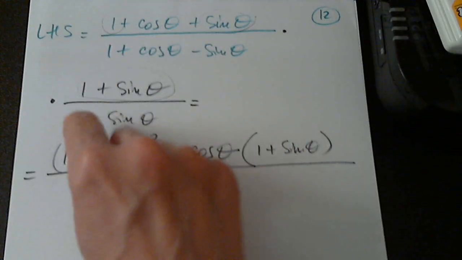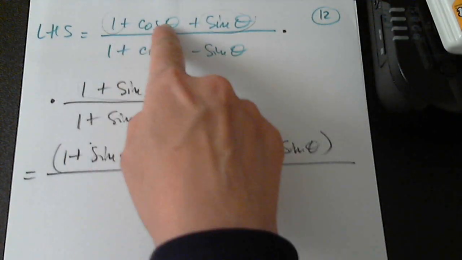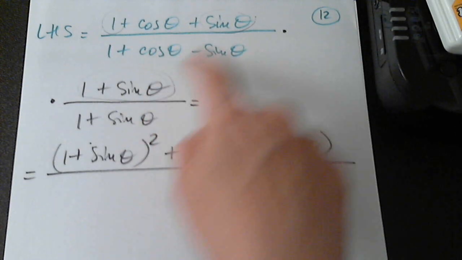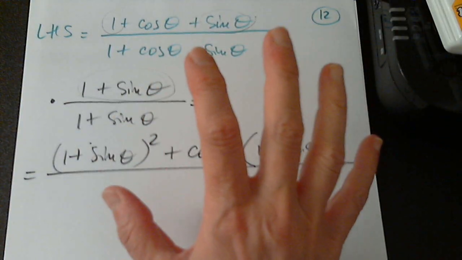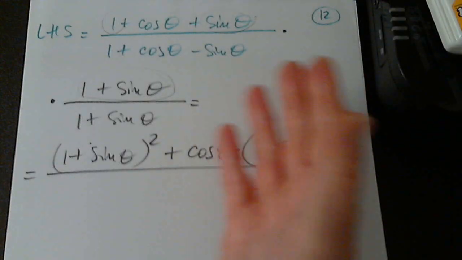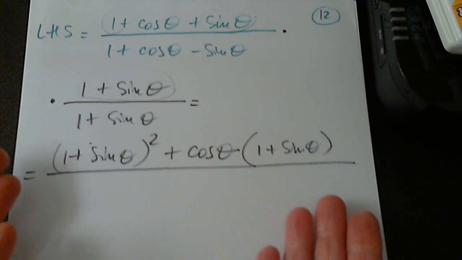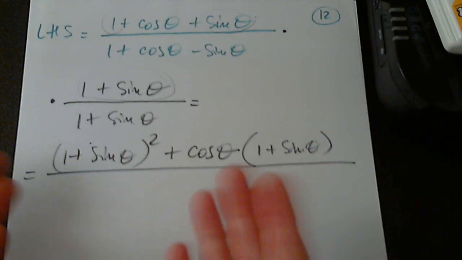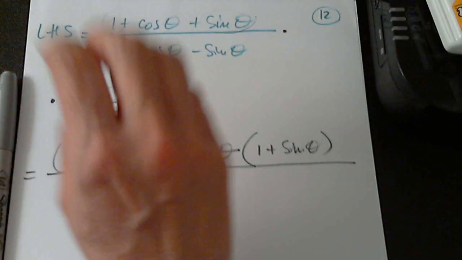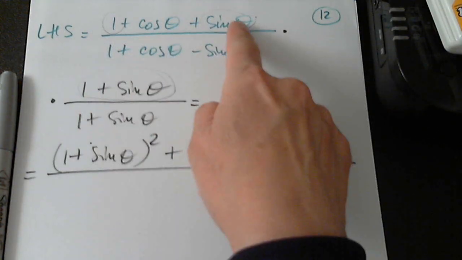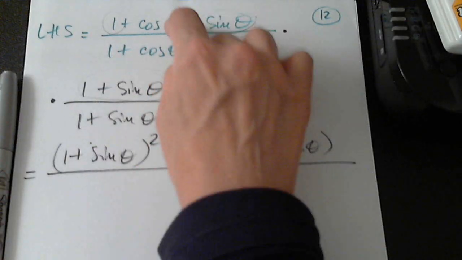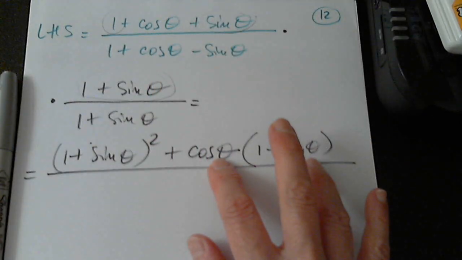It's not a good idea to say 1 times 1, 1 times cosine, 1 times sine, sine times 1, sine times this, sine times this, because I will have 6 terms, and I will not know what to do with them. I will have to come back and try to factor. So I distributed 1 plus sine to 1 plus sine, and I got 1 plus sine squared, and then I distributed 1 plus sine to cosine, so I got this.